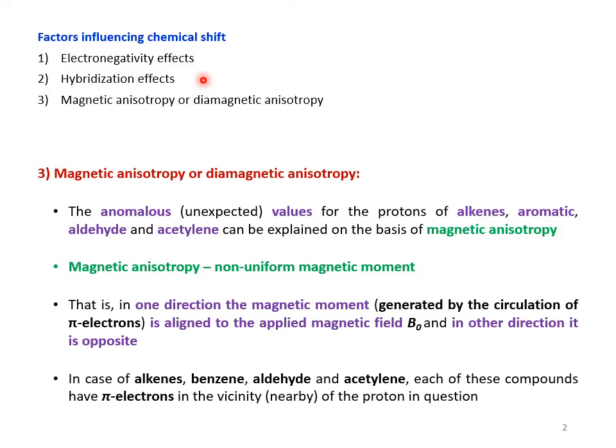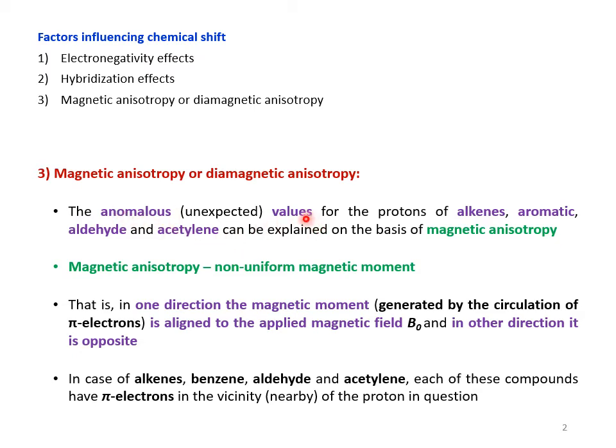The delta value for the proton of an sp hybridized carbon atom is 2 to 3 ppm, which is lower than the delta value of the protons attached to the sp2 hybridized carbon atom. This unexpected value is called an anomalous result.